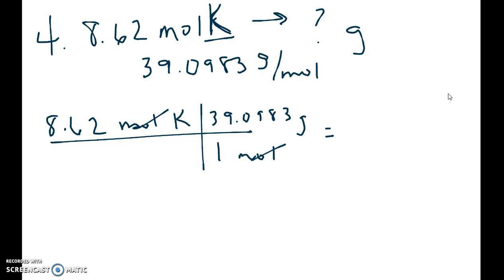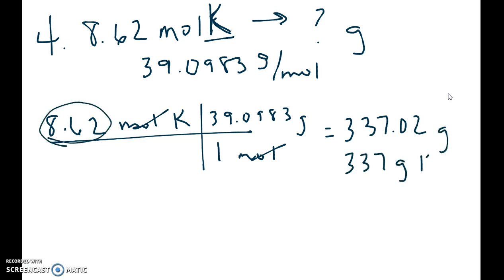So when I multiply that out, I get 337.02 grams. I can have 3 sig figs, so 337 grams of potassium. So if I said, go get me 8.62 moles, you would go get me 337 grams. That's what you would weigh out.